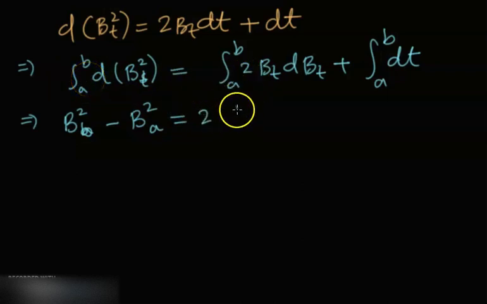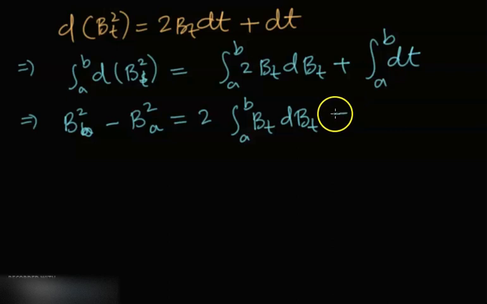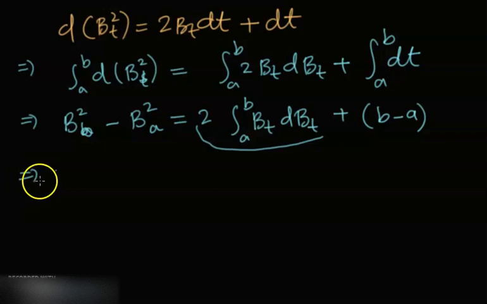So it's going to be 2 times the integral from a to b of B_t dB_t plus b minus a. So you can take this b minus a to the left side, or you can just rearrange this.